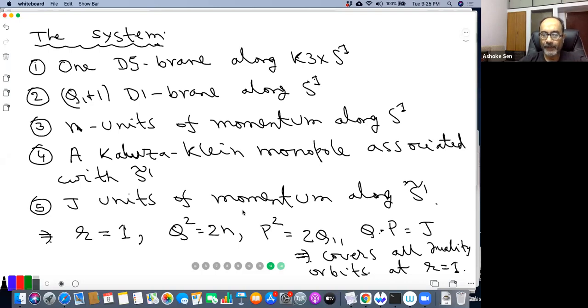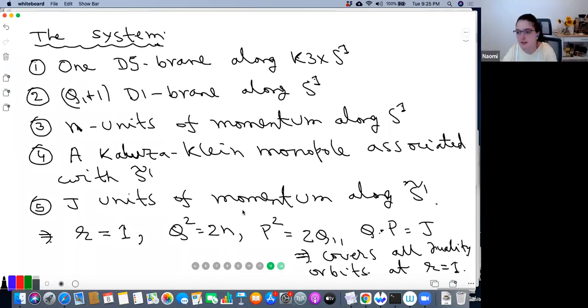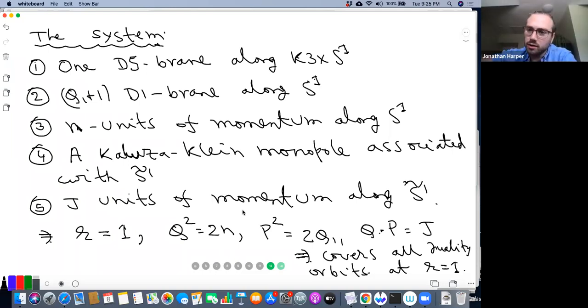The counting has not been done for generic integers, but for some special cases. I'm not saying that there is a proof that this is the easiest system, but at least this is one case where one can do the counting, and that's why you choose it. Got it. Thank you.